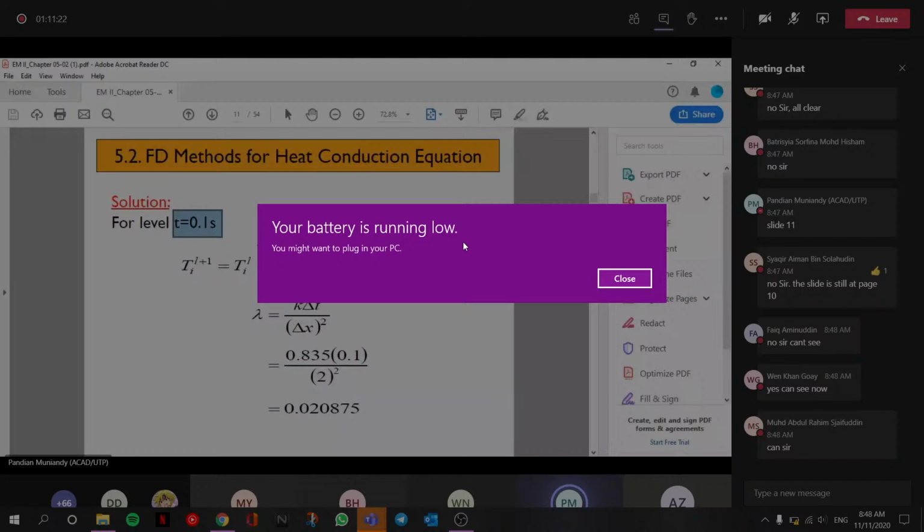So the equation we need to calculate the temperature at time 0.1 second is this equation, which we already gave to you: T superscript L plus 1 subscript I, because this is L plus 1, the next level, left hand side, equals T superscript L subscript I plus lambda times T superscript L subscript I plus 1 minus 2 T superscript L subscript I plus T superscript L subscript I minus 1.